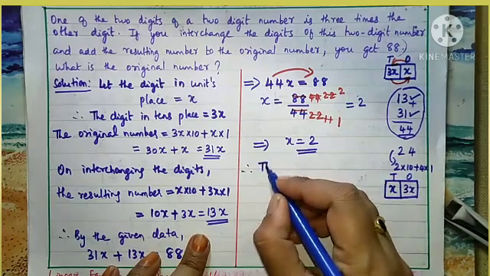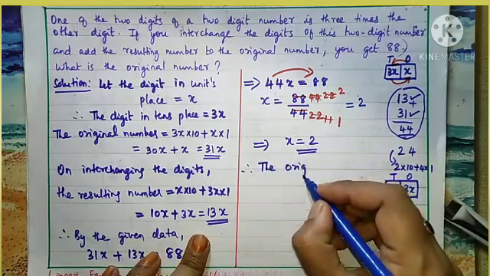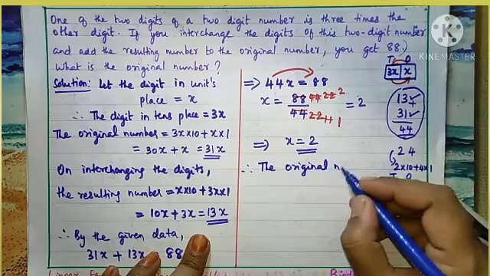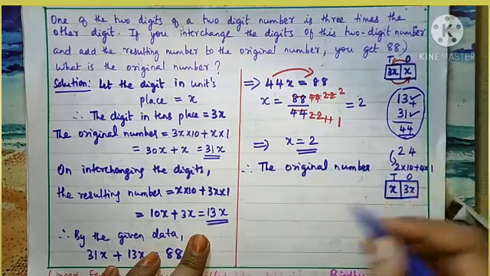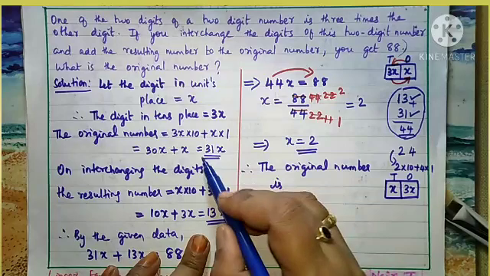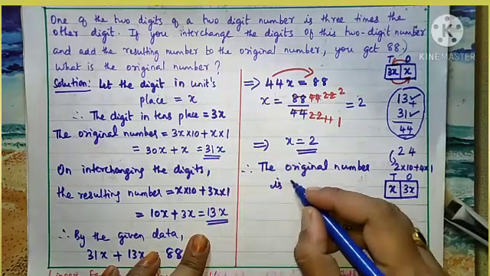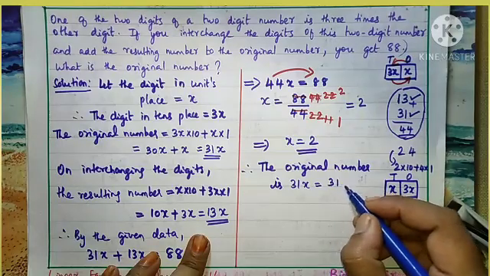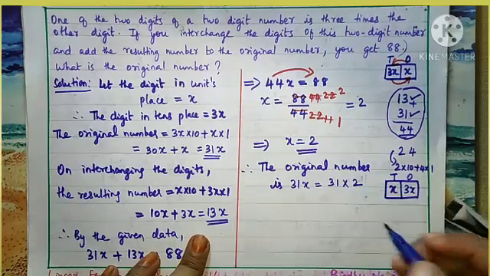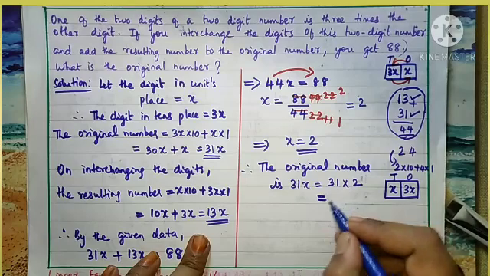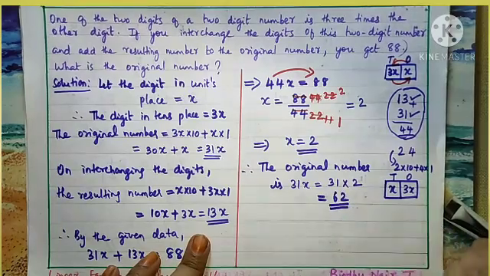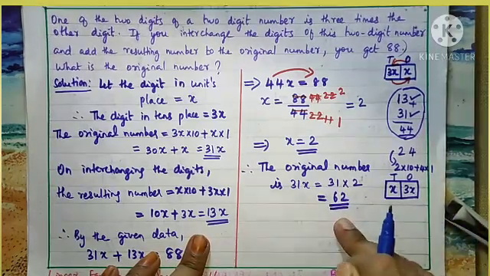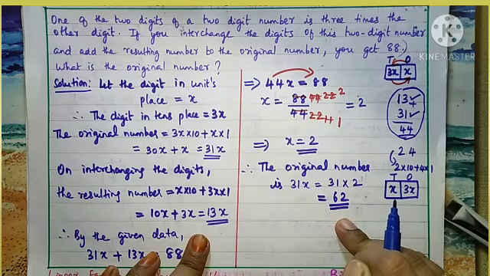Yes, 31x. Therefore the original number is 31x. Put the value of x here. What is the x value? 2. So 31 into 2. What is 31 into 2? Yes, 62. Okay, so this is our required answer. The original number is 62.